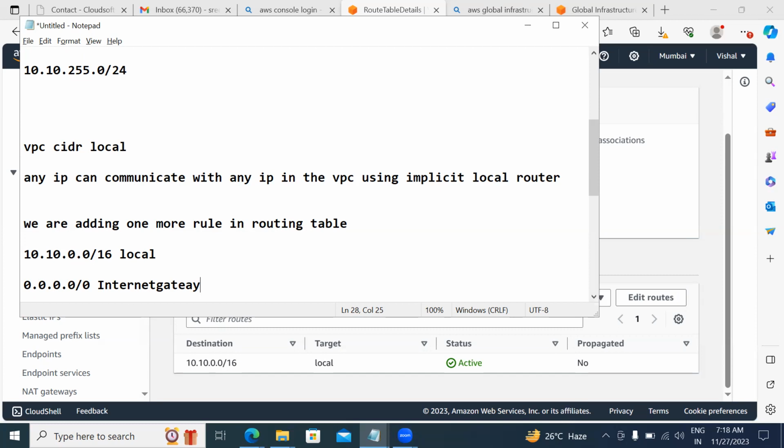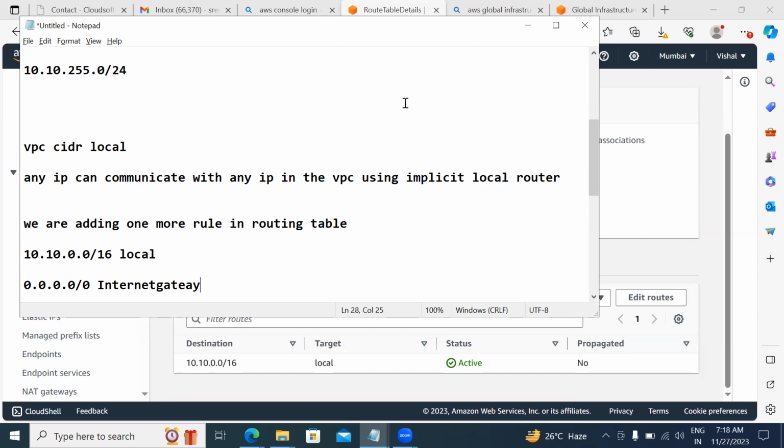If it is the 10.10 series, then it connects through the internal local router, not the route table. Those rules are called route tables. Are you able to understand?